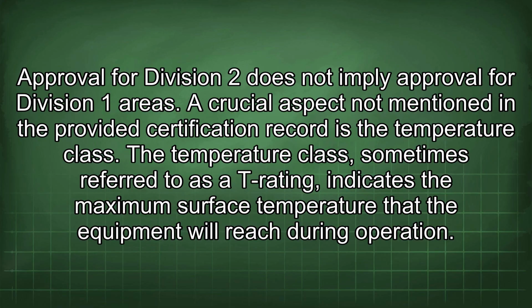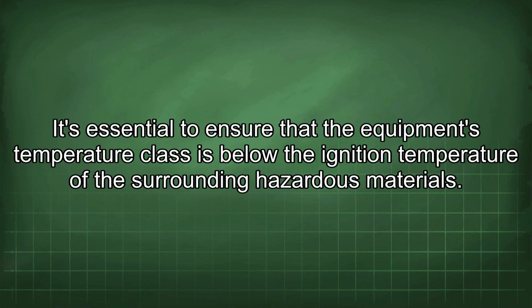A crucial aspect not mentioned in the provided certification record is the temperature class. The temperature class, sometimes referred to as a T rating, indicates the maximum surface temperature that the equipment will reach during operation. It's essential to ensure that the equipment's temperature class is below the ignition temperature of the surrounding hazardous materials.